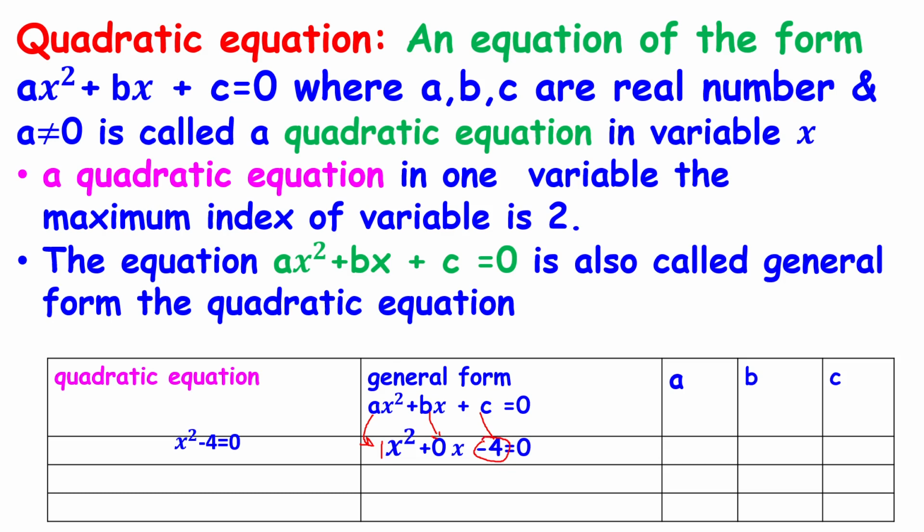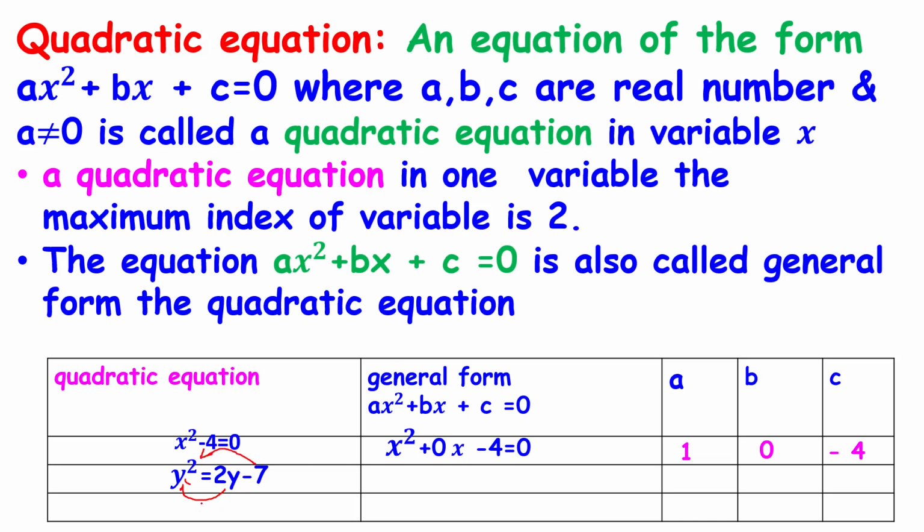If we compare with the general form, then we take the values of a, b, c with their signs. Therefore we write here a is equal to 1, b is equal to 0 and c is equal to negative 4. The second example, y square is equal to 2y minus 7. First we have to write this quadratic equation in the general form. Therefore we have to transfer 2y and 7 also.